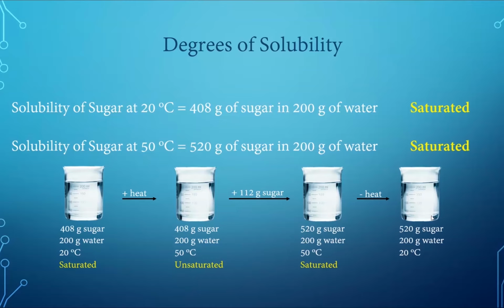With most chemical compounds, that's exactly what will happen. But that's not the case with sugar. That extra sugar is going to remain dissolved, and we have now what's known as a supersaturated solution. So a supersaturated solution is simply one that contains more than the maximum amount that's supposed to be possible at a given temperature. Eventually, that extra sugar will crystallize out. It just happens to take some time.